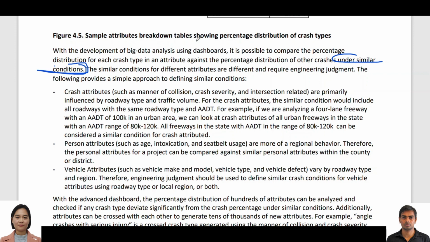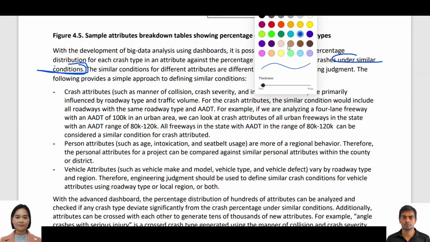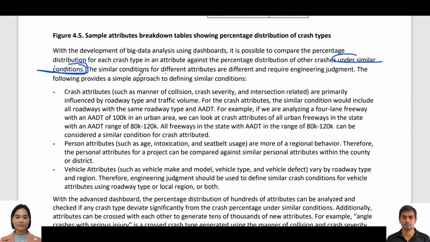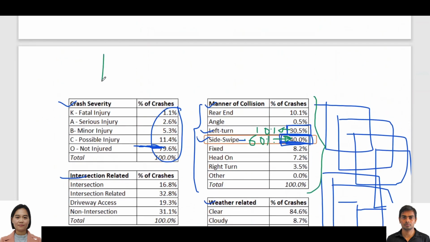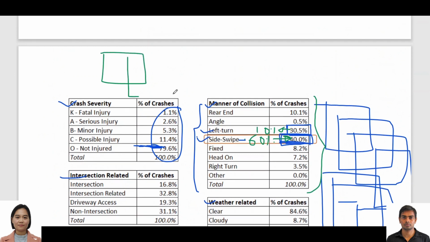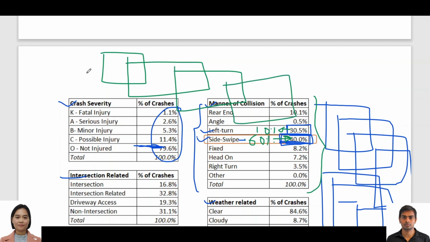That's a very important point to remember: we are not just going to build a table of the statewide data and try to compare. When we are building these tables for the statewide, we need to figure out whether we are including rural or urban area. First, we need to build this dashboard by rural or urban.